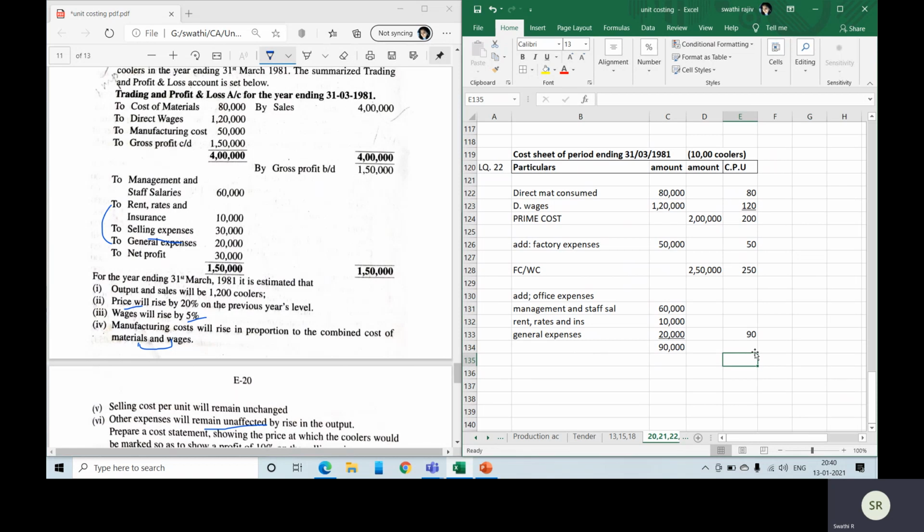I will just write that here, 340, and my cost of production is going to be works cost plus office expenditure at 40,000.